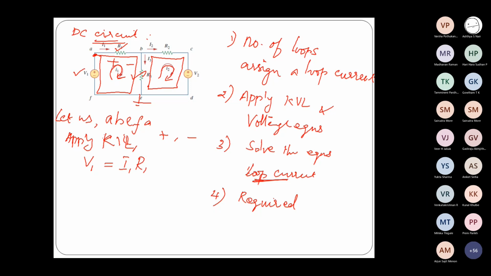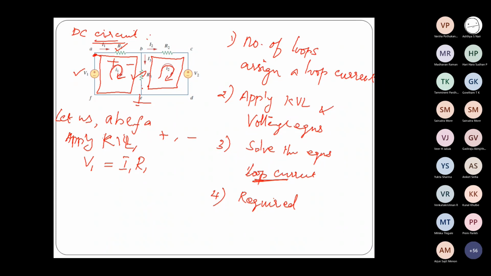Then we have another element in the same loop, that is R3. What is the voltage? I into R as per Ohm's law. Now what will be the current flowing through this element? This is the common element between loop 1 and loop 2, so both the loop currents flow through R3.